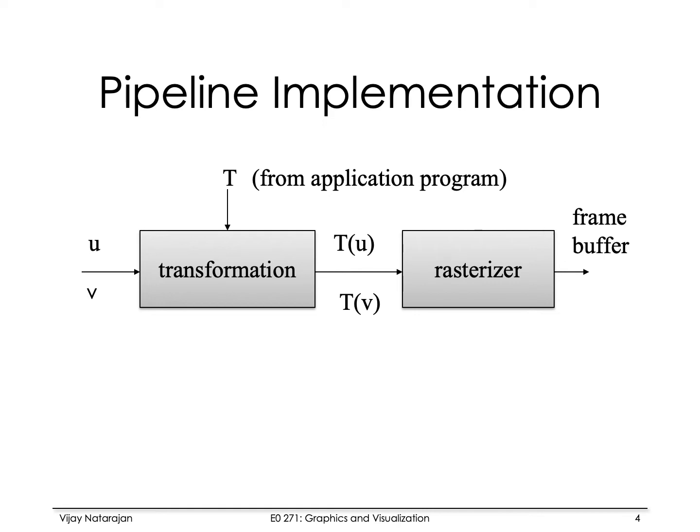And these transformed vertices, let's say there is a line segment between them, that gets rasterized and displayed on the frame buffer. So what really happens here? We have vertices U and V. After transformation, we know that they get mapped to other vertices T of U and T of V. So here are T of U and T of V. So what we would really like is to draw the line segment that joins T of U and T of V, right?